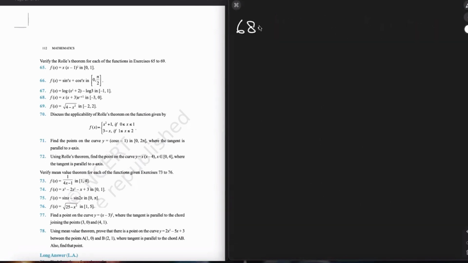Question number 68. So there's a function f of x given to us, x plus 3 times e raised to the power of minus x by 2, times x square.